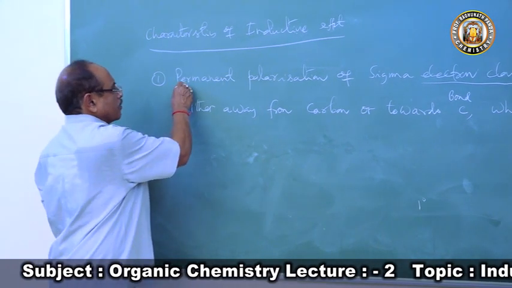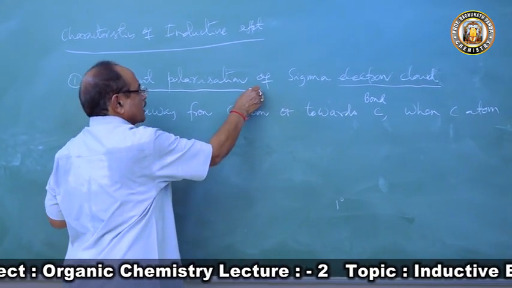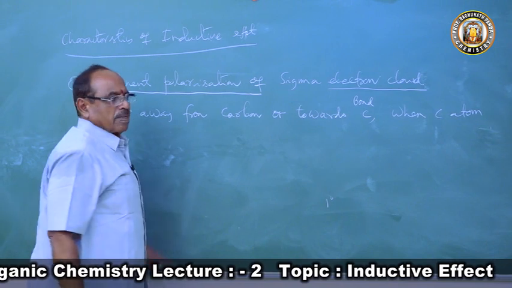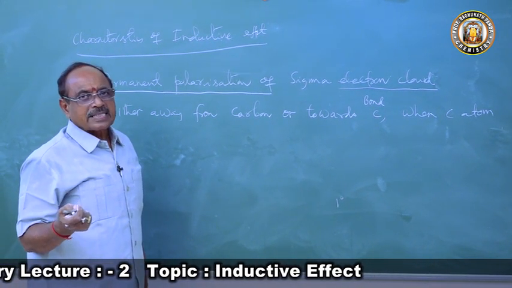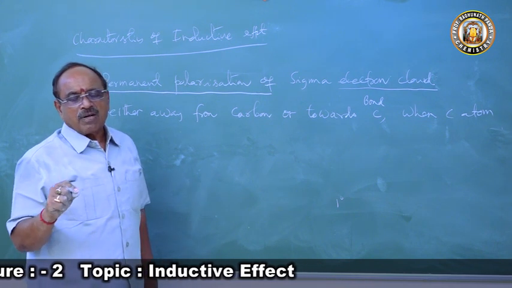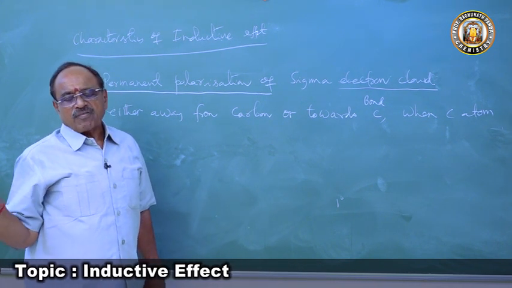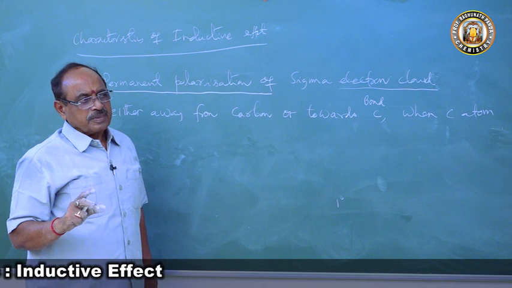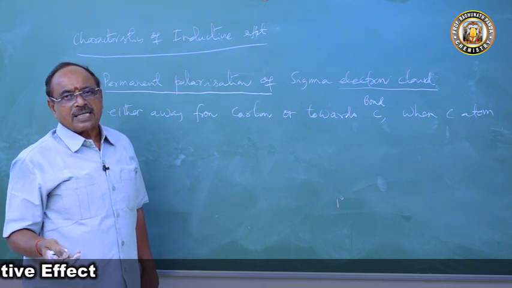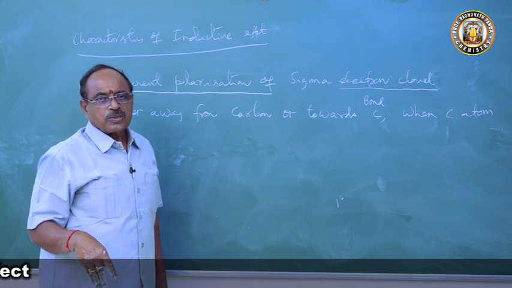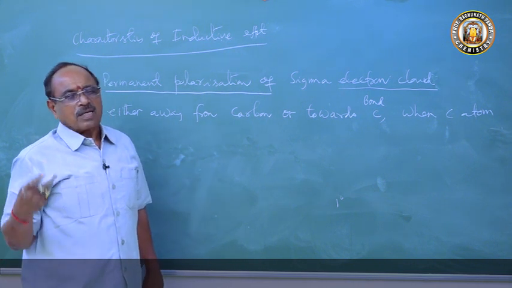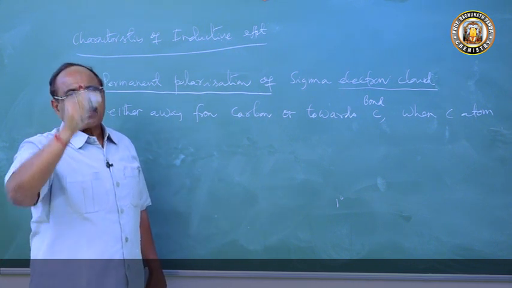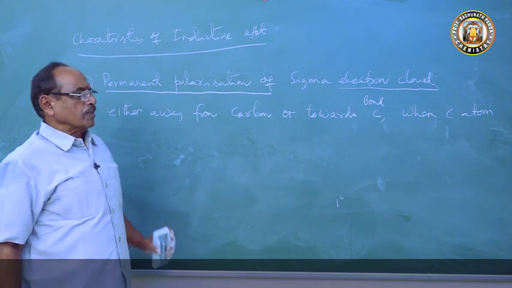This is important: permanent polarization of electron cloud. So this may be a question in your entrance exam. The inductive effect is because of permanent polarization of electron cloud, or temporary polarization of the electron cloud, or due to conjugate effect, or none of the above. So the answer will be permanent polarization of the electron cloud.